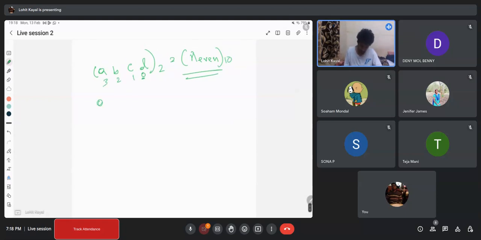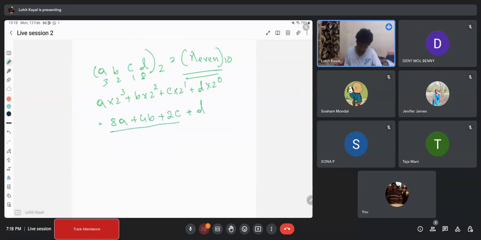So the answer will be a into 2 to the power 3 plus b into 2 square plus c into 2 to the power 1 plus d into 2 to the power 0. a, b, c, d can either be 1 or 0. So it will be 8a plus 4b plus 2c plus d.